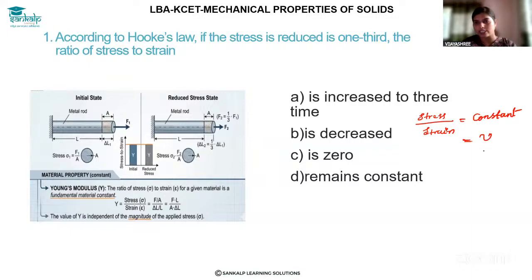That constant is called Y, which is called Young's modulus.